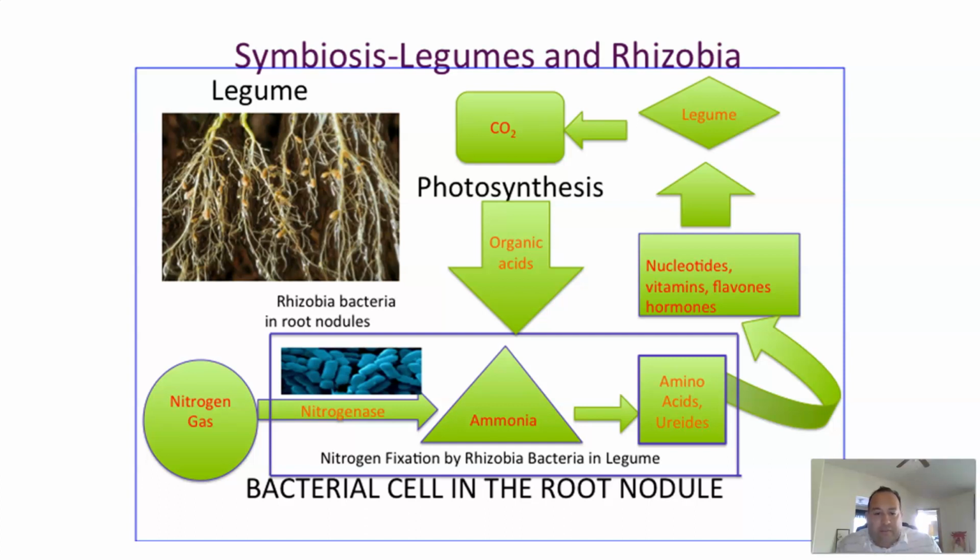That ammonia then can help with the amino acids and the ureases. All of that is the nitrogen fixation happening by this bacteria in the legume. That's the work it's doing, taking that nitrogen gas, turning it into ammonia, and then it can work its way into the soil and into the plants and be that useful form of nitrogen.